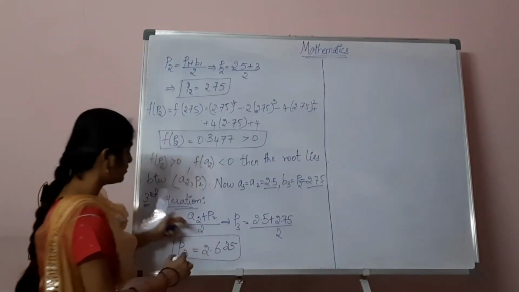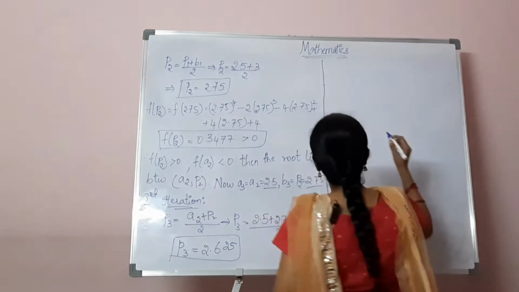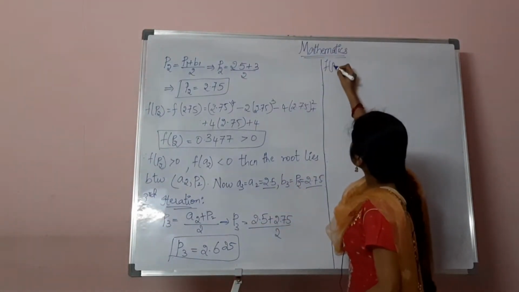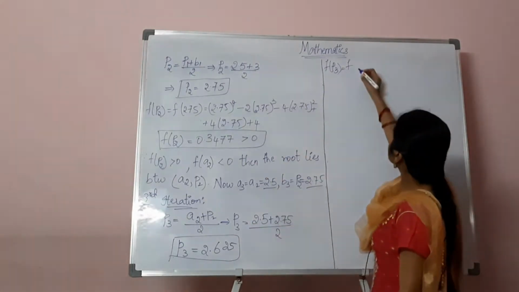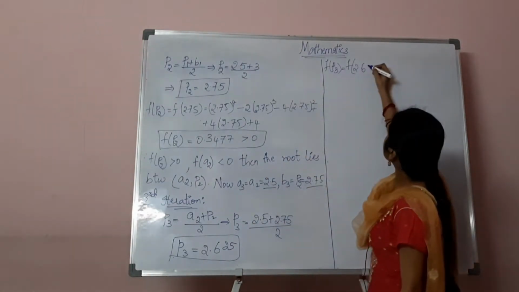Now we have to substitute this P3 into f of P3. So f of P3 equals, what is P3 here? 2.625.